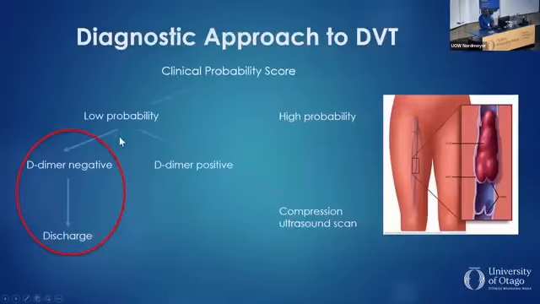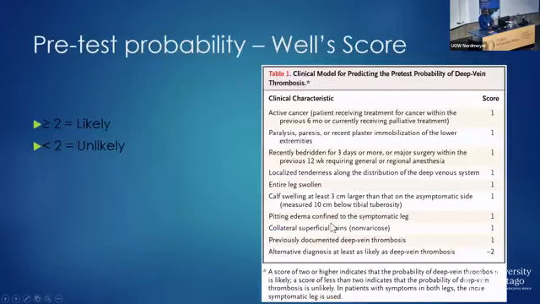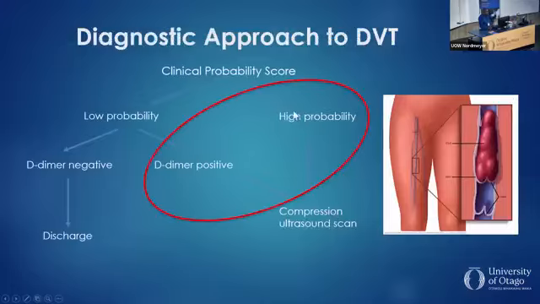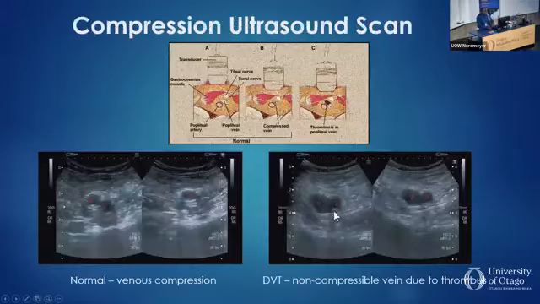We'll probably do the D-dimer, and when we confirm that, we go on to the compression scan. When it is very high probability, we can just skip on to compression ultrasound. The compression ultrasound scan is just to find if there's a filling defect within the vessel lumen.